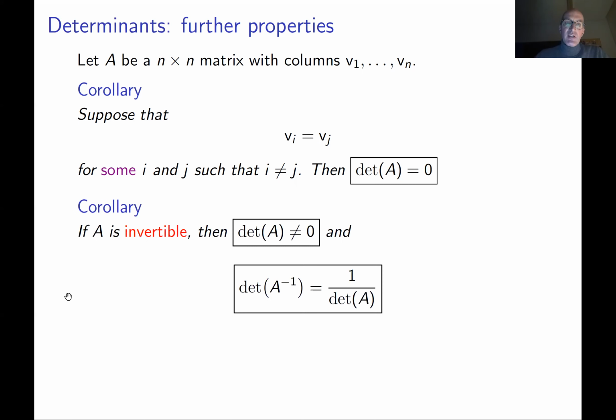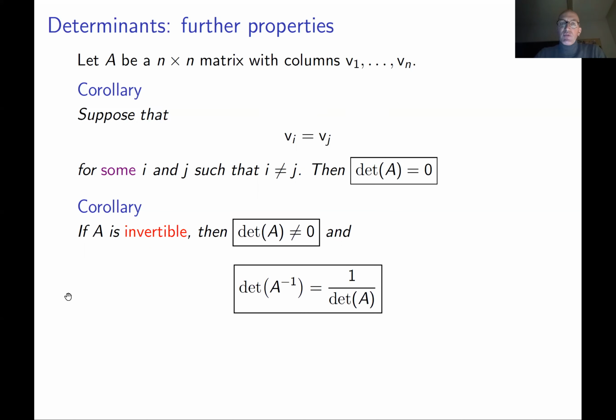Similarly, this is a mega important corollary for determinants. If you assume that the matrix A is invertible, then its determinant is not zero, and the determinant of the inverse matrix is 1 over the determinant of A. Let me repeat.